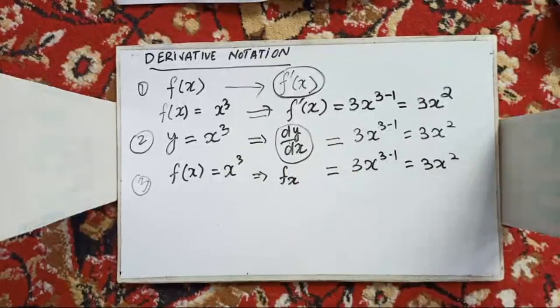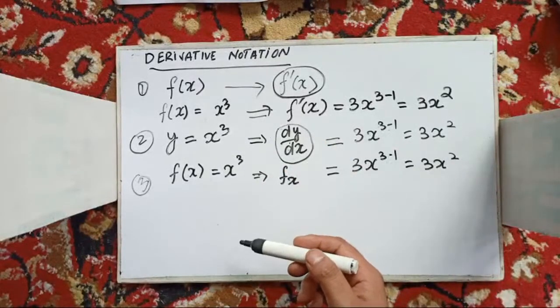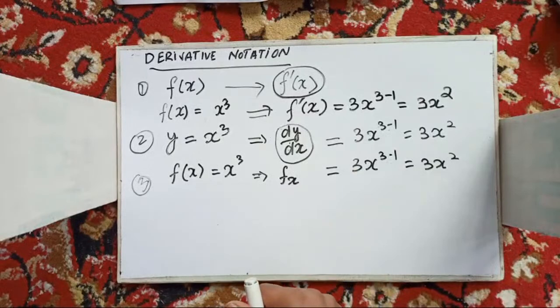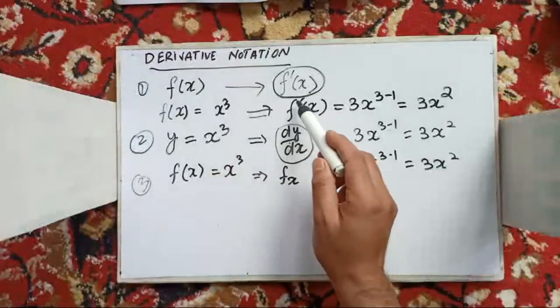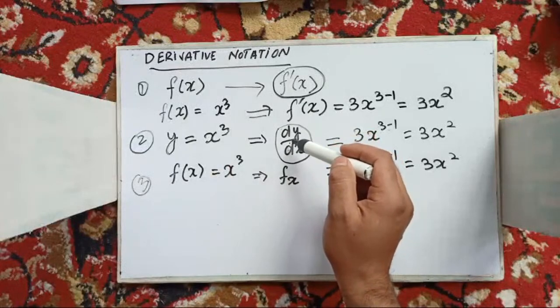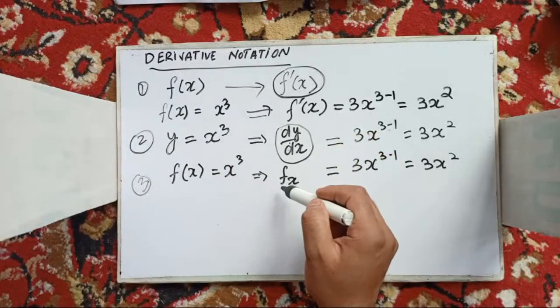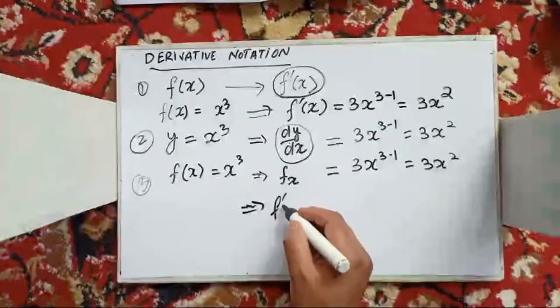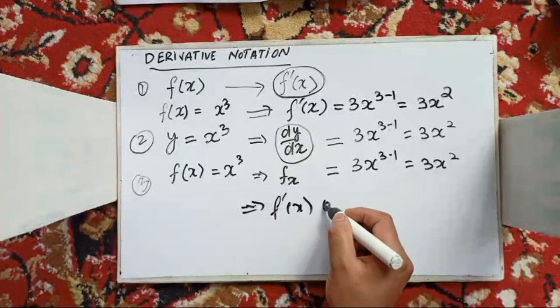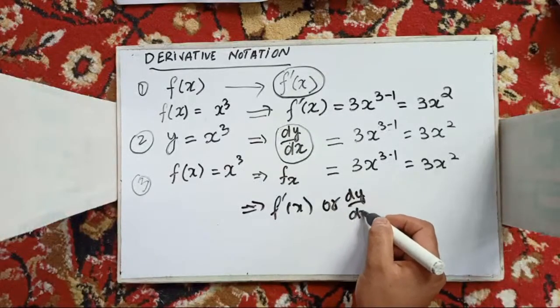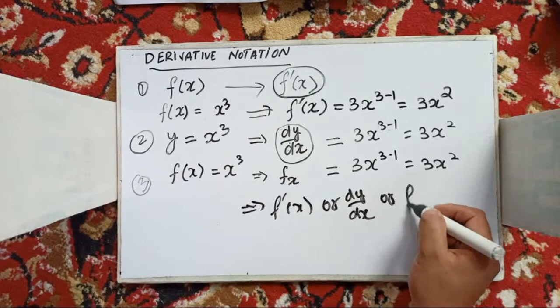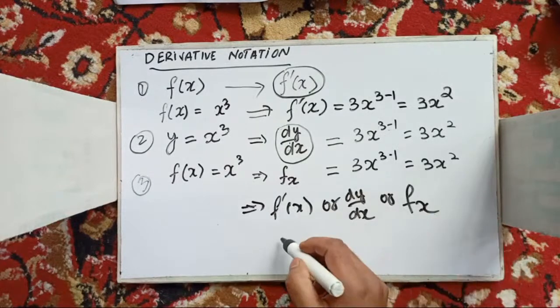So these are the notations we use in economics or in mathematics to get the derivative. If f of x is equal to x cube, its derivative was f dash x. So this is one notation, dy by dx is another notation, and f subscript x is another notation. That means these are all the same: f dash x, dy by dx, or f subscript x. These three denote the same thing, that is the first derivative of a given function.